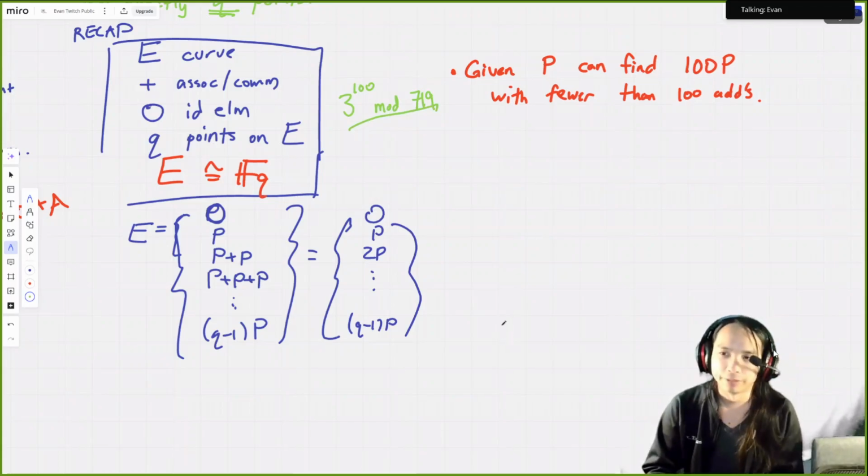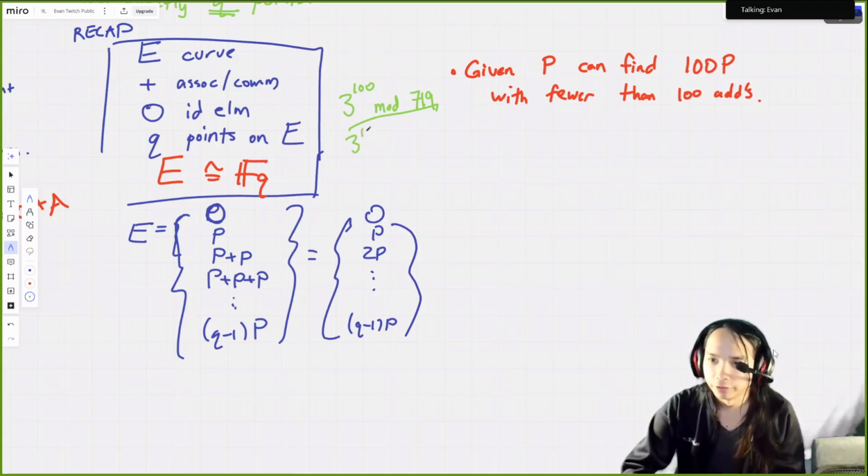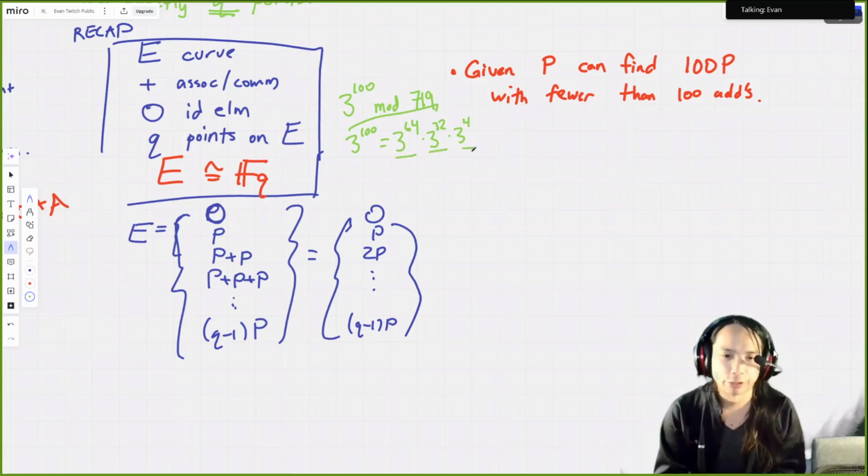Rather than taking the number 3 and multiplying it a bunch of times, you keep squaring it instead, where 3 to the 100 is 3 to the 64 times 3 to the 32nd times 3 to the 4th. You can get these a lot more easily because all you do is take the number 3 and keep squaring it until you get the right power of 2.